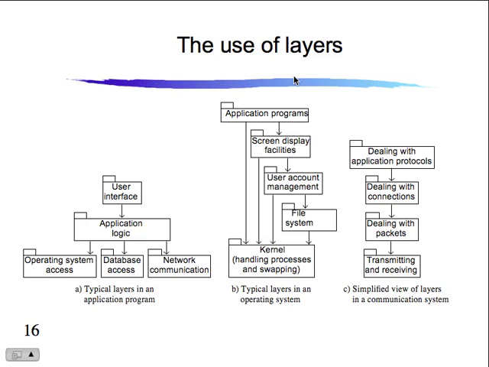Here are typical layers of the operating system, typical layers of a communication system, and we can take each one of these little boxes here and break them out into other sublayers. When we see the layers, we're seeing the level of detail.